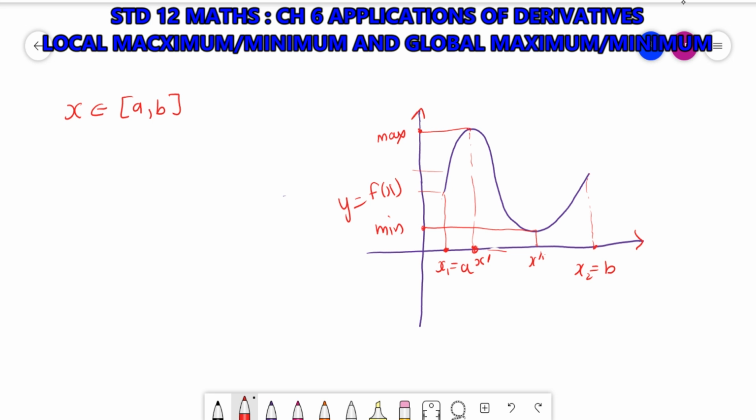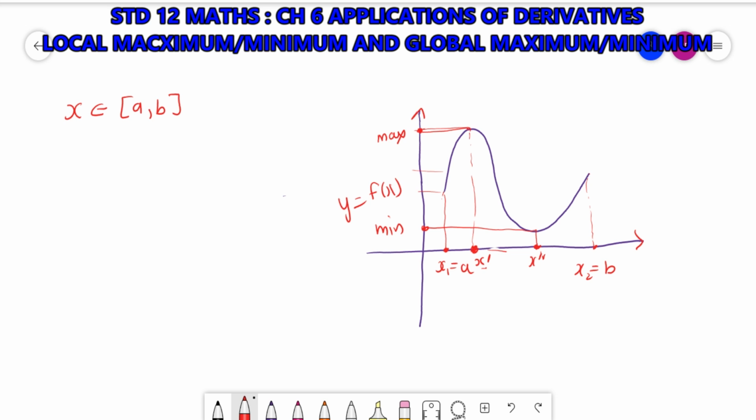Okay, so now what type of question is asked? For this value we will get the maximum value of the function, and for putting this value x double dash we will get the minimum value of the function.